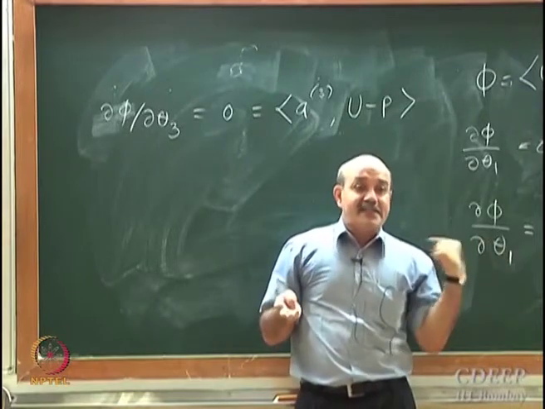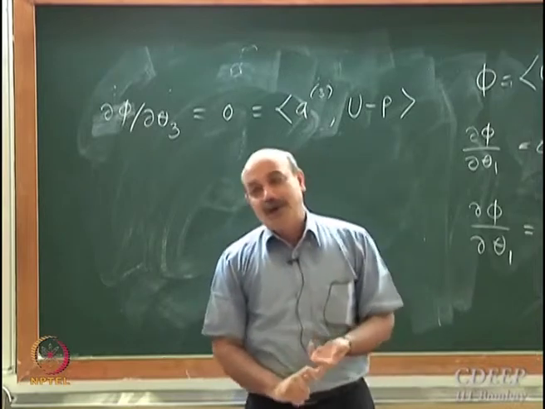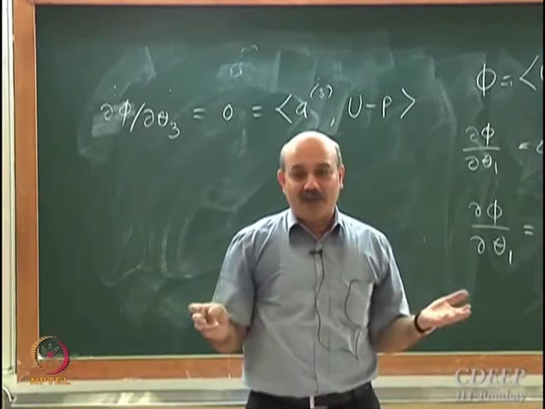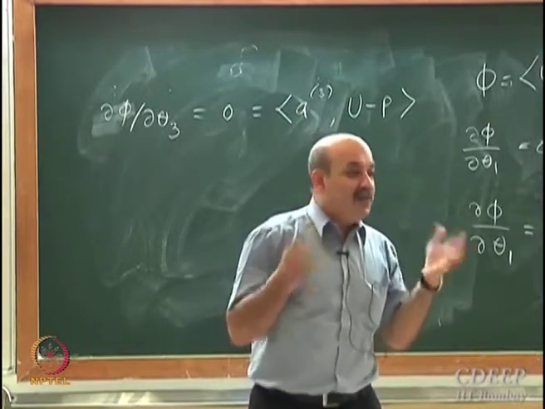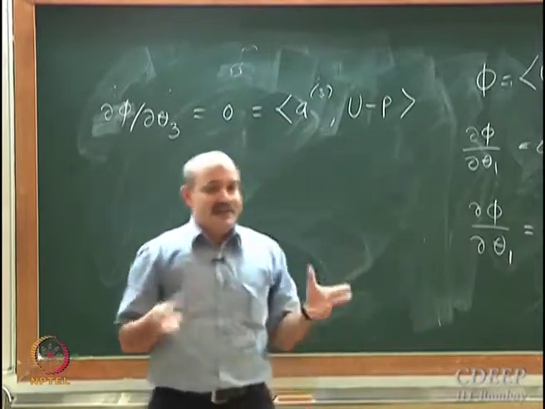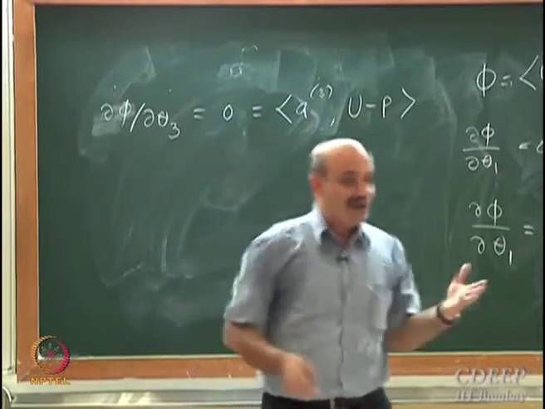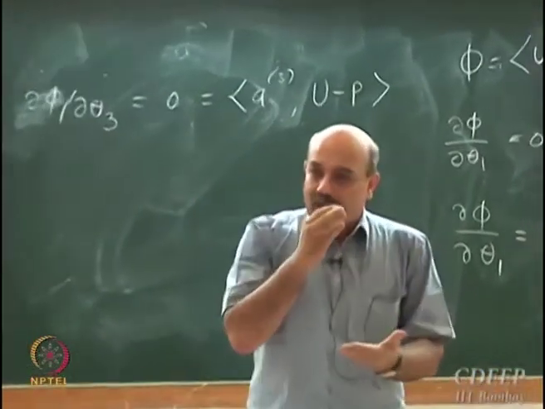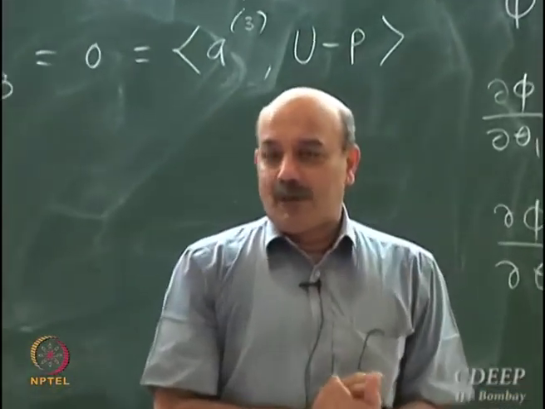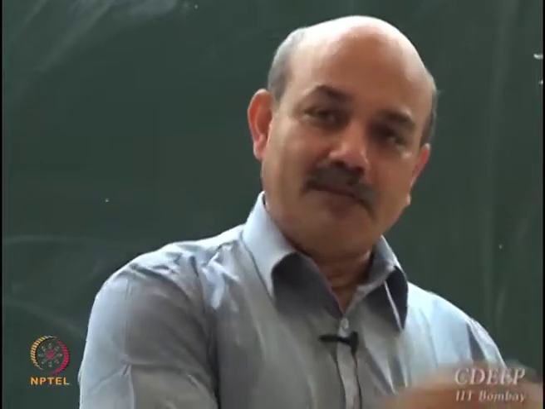Now, when is this possible? This is possible only when you have an inner product defined. That is very, very important. Why do we like least square approximation as against one norm approximation or infinite norm approximation? Because least square approximation comes attached with an inner product.